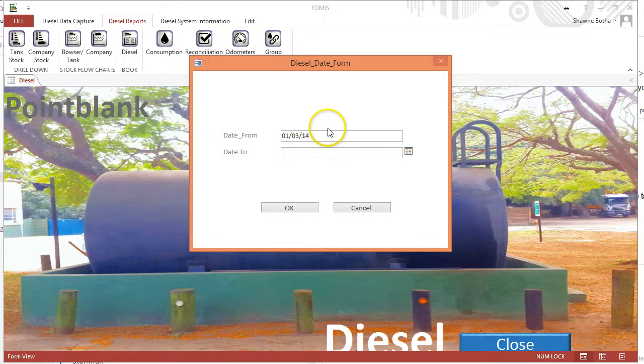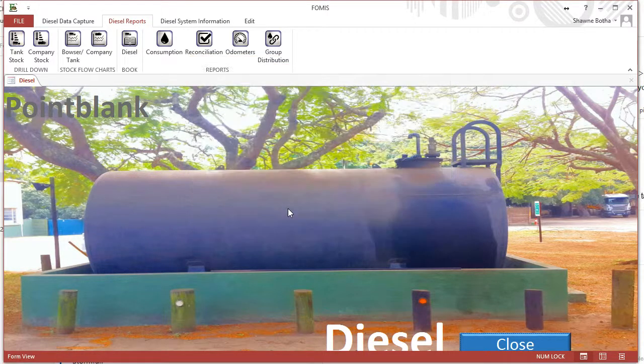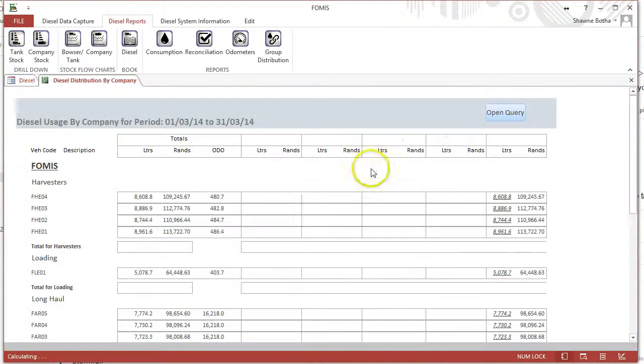If we look at March, and we run that. Now this is a bit of leftover from some clients' data and the dummy data. But what would actually happen is you can see everything's allocated to FOMAS because this company is not integrated with these.